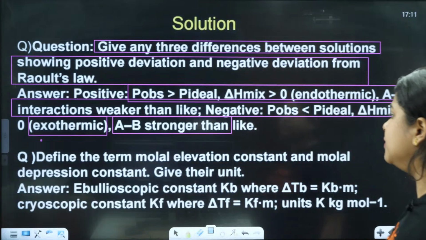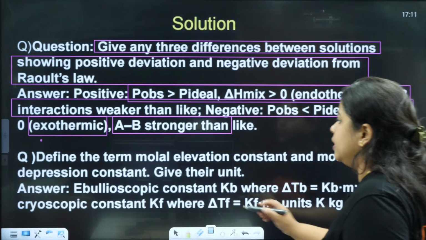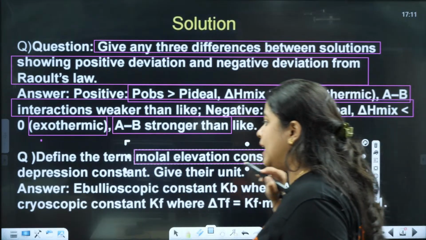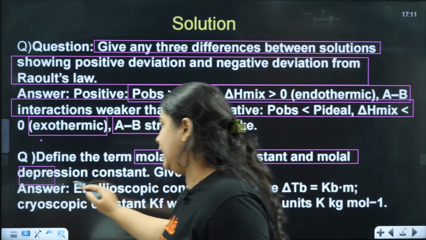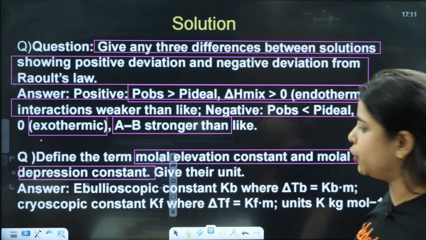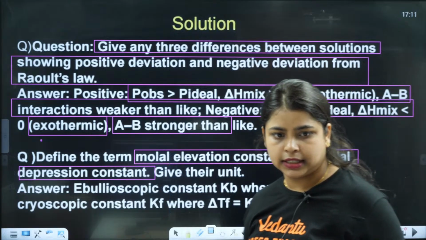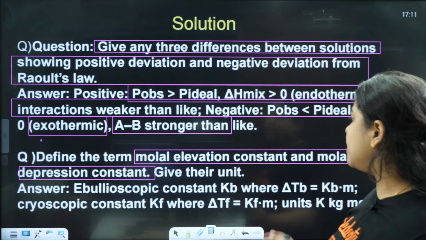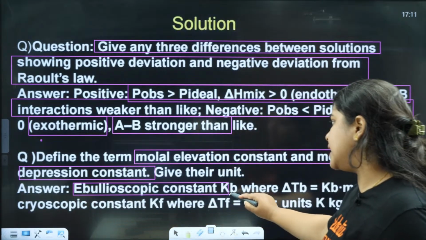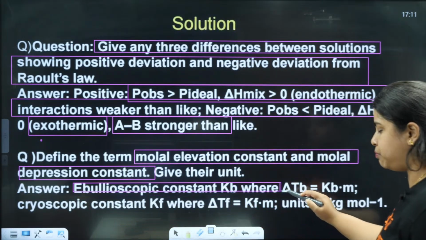Next question is about define the terms molal elevation constant and the molal depression constant. Give their unit. They have asked the unit here. Hi Gagan. Hi Ananya. Ebullioscopic constant is also called as Kb. This is very important, okay?